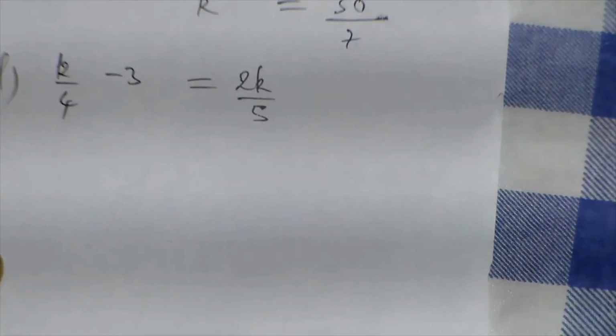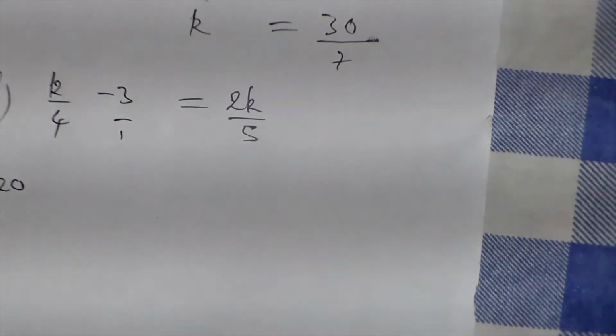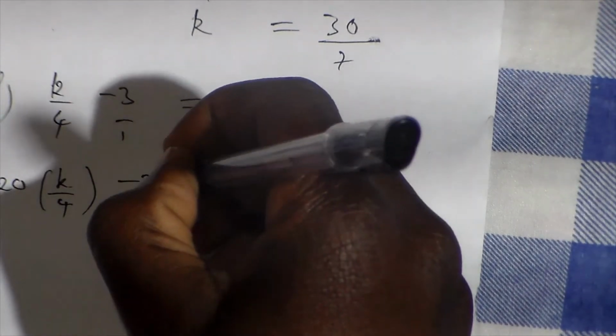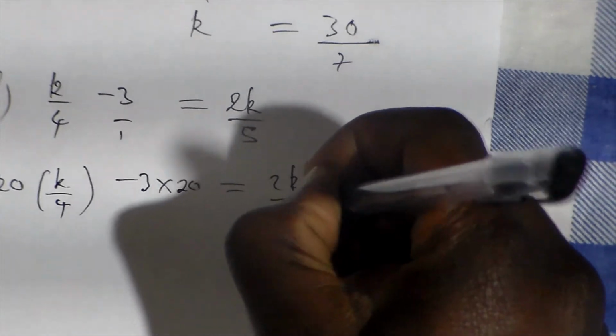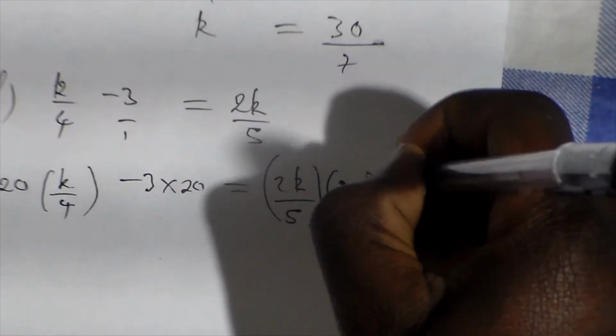Likewise, on this part D, we are going to multiply each term by a common denominator, which is 20. 20 is multiplying k over 4, minus 3 is multiplying 20, is equal to 2k over 5 multiplied by 20 again.